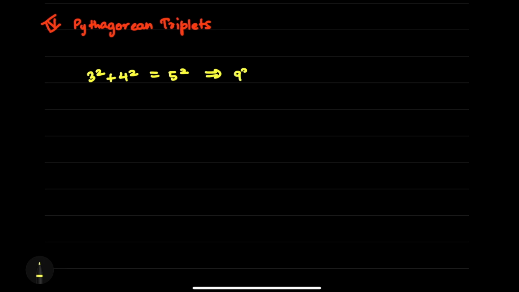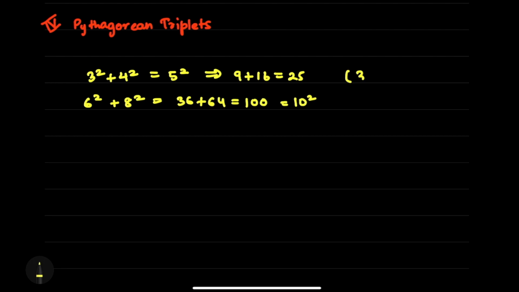So 3 square is 9 plus 16 is equal to 25, right? We can also use it as 6 square plus 8 square, which is equal to 36 plus 64 is equal to 100, or 10 square. So the Pythagorean triplets are 3, 4 and 5, and then 6, 8 and 10. There are many more Pythagorean triplets like this.